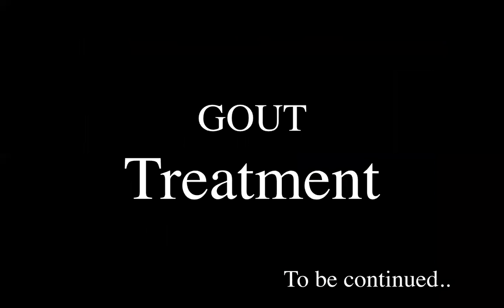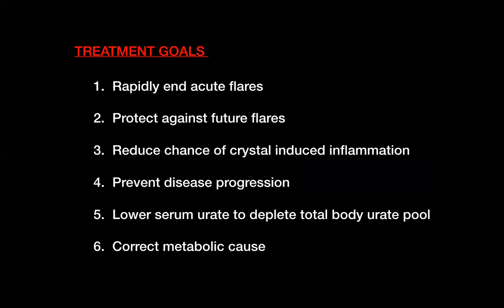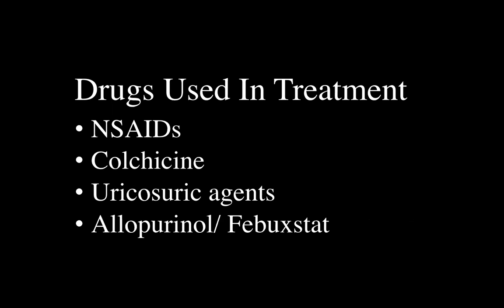Treatment of gout. First, we tell the goals of treatment: rapidly end acute flares, protect against future flares, reduce chance of crystal-induced inflammation, prevent disease progression, lower serum urate to reduce the total body urate pool, and correct metabolic causes. Drugs used in treatment: first, non-steroidal anti-inflammatory drugs. Second, colchicine.